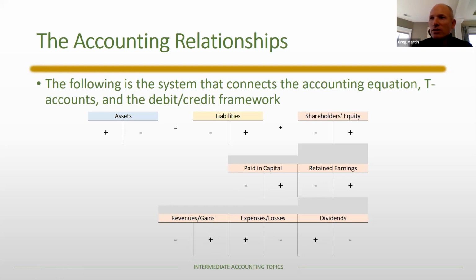So expenses and losses increase with debits because debits are on the left. They decrease with credits. Same thing with dividends. Dividends increase with debits and decrease with credits. This is a picture that you really need to understand. It'll give you the idea of debits and credits and how they fit within each type of account.